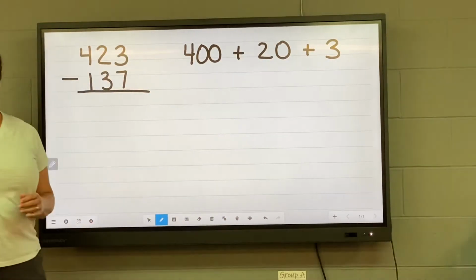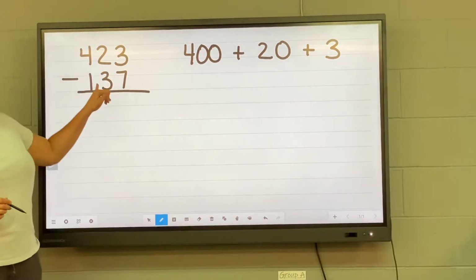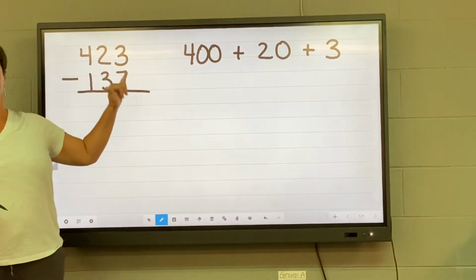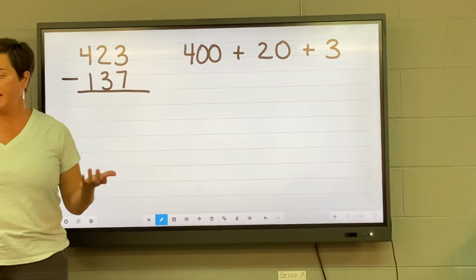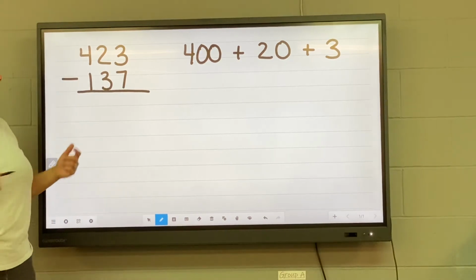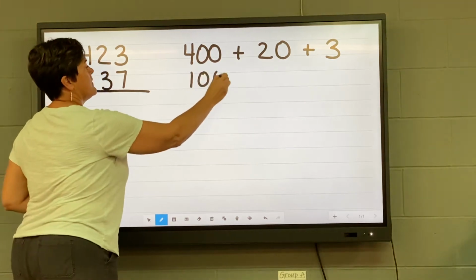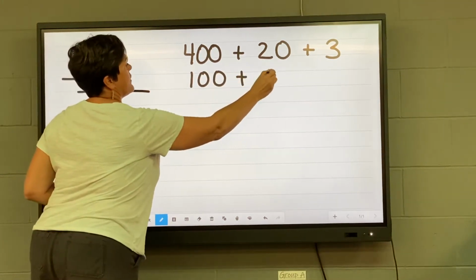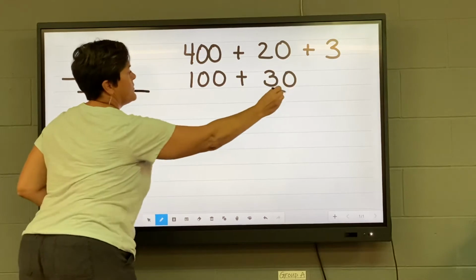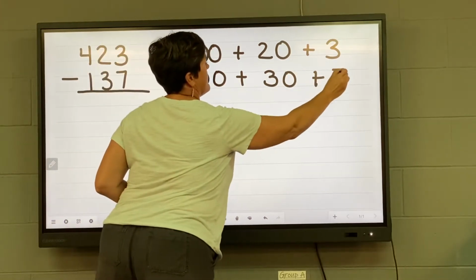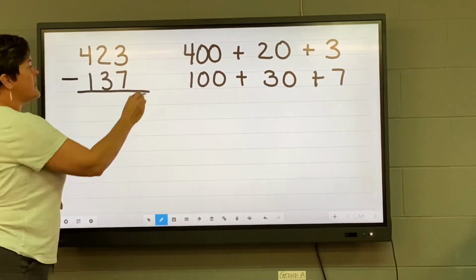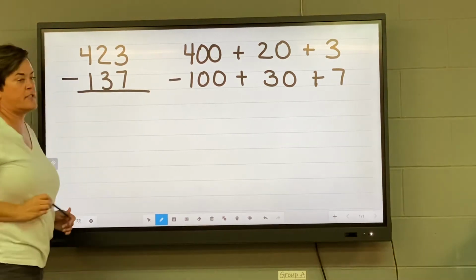Expanded form. Let's also write 137 in expanded form. What are we going to write first? 100 plus 30 plus 7. But the thing is, we're actually subtracting those.